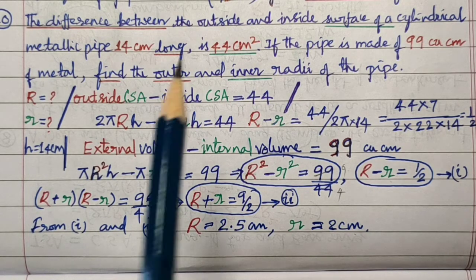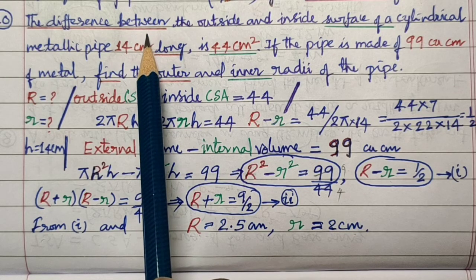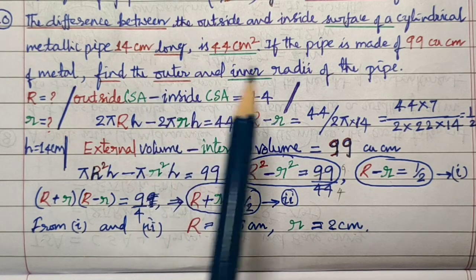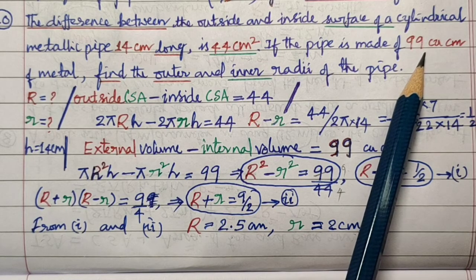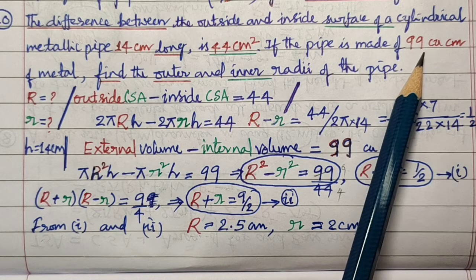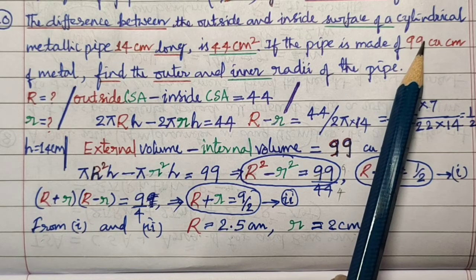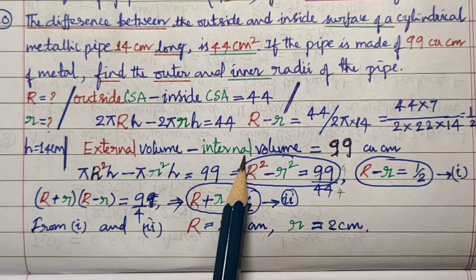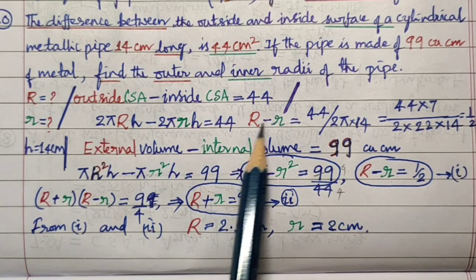In this problem they have not given anything directly. They gave the difference between the surface areas of inside and outside, and the volume of the metal used for that pipe. That volume is nothing but the external volume minus internal volume. The difference is given as 44, from which we get R minus r.